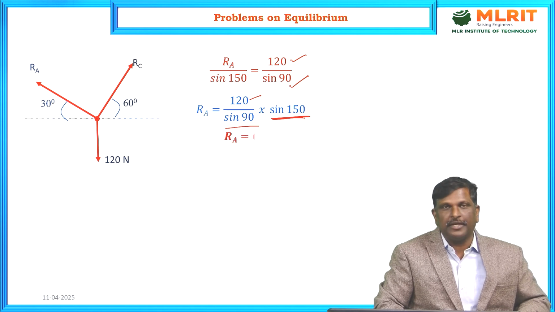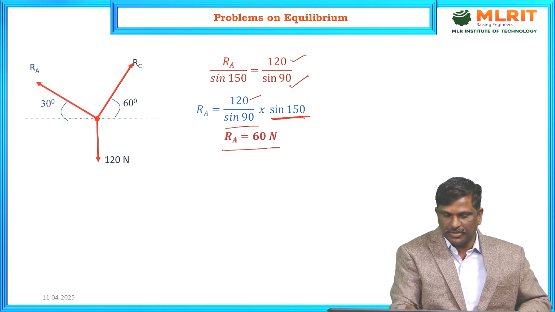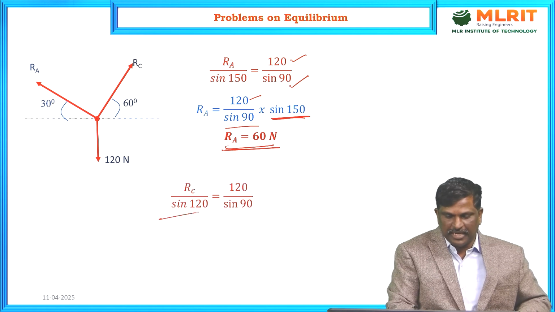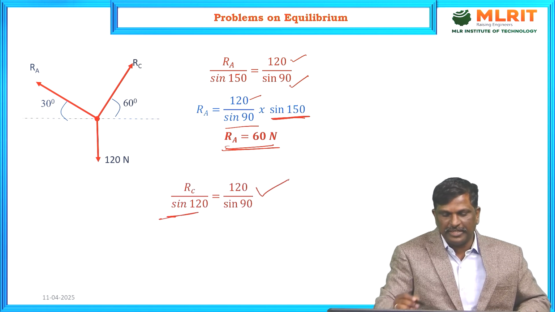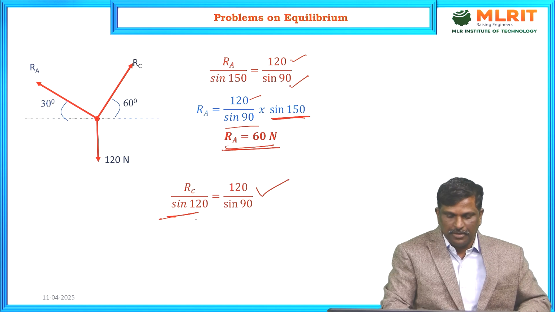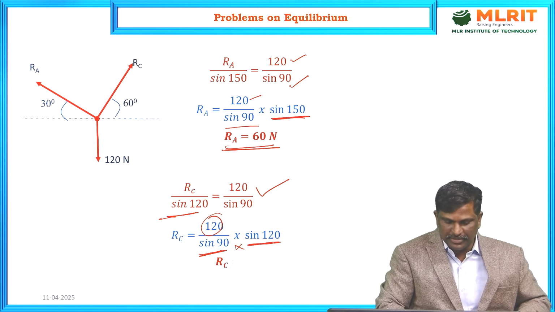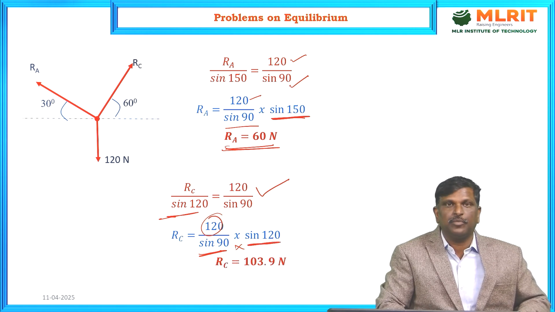The value of RA is 60 newtons. Similarly, RC divided by sin 120 equal to 120 by sin 90. Now RC is equal to 120 divided by sin 90 into sin 120. The value of RC is 103.9 newtons.